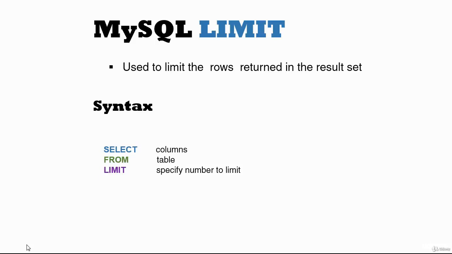The limit is usually at the end of the select query. What the limit statement does is it limits the number of rows that are returned. So you can specify the number of rows you want, which is usually a numerical value. The values can be 0 or positive integers. So anything from 0 and above, you can specify.